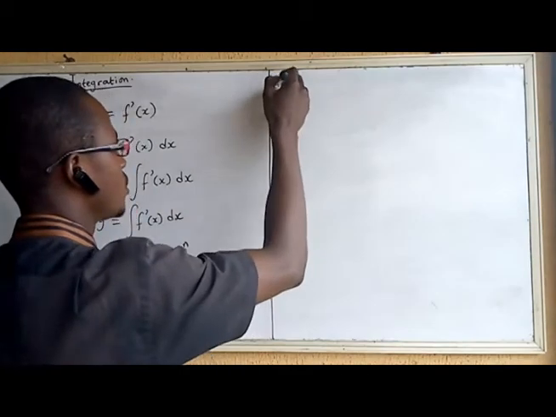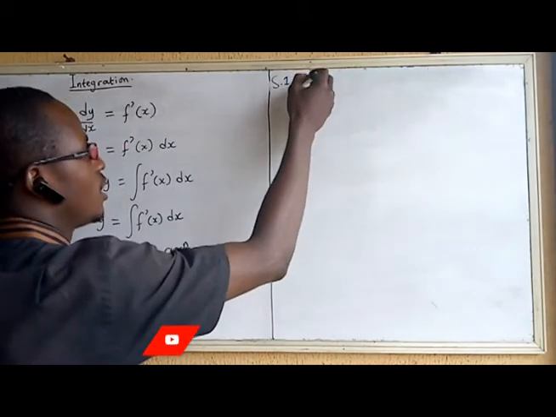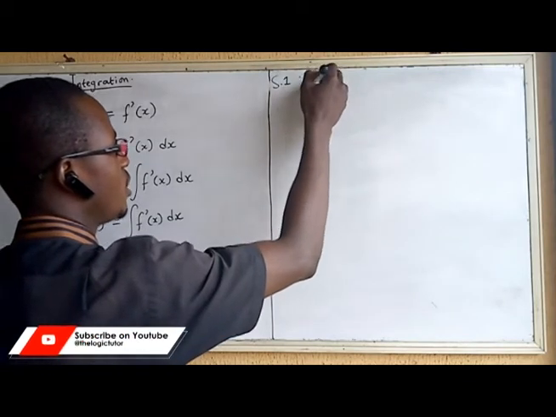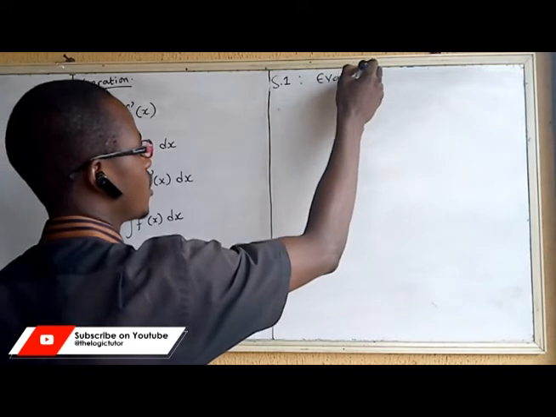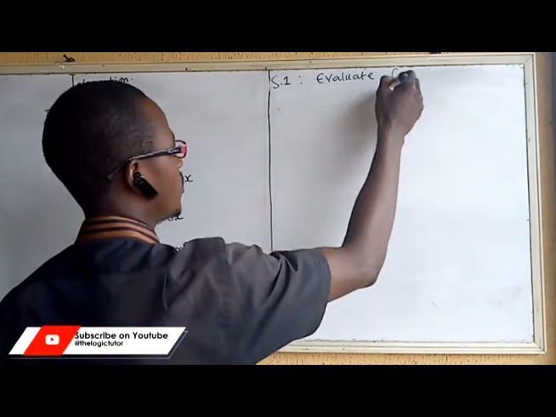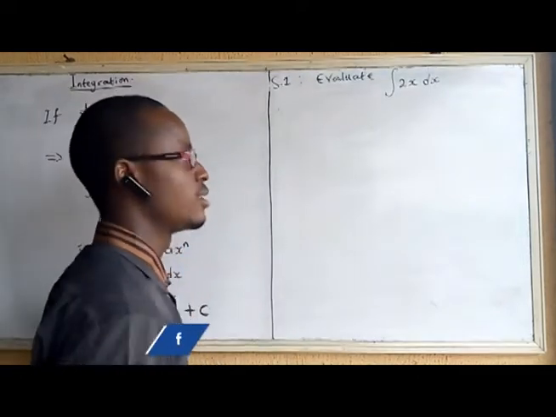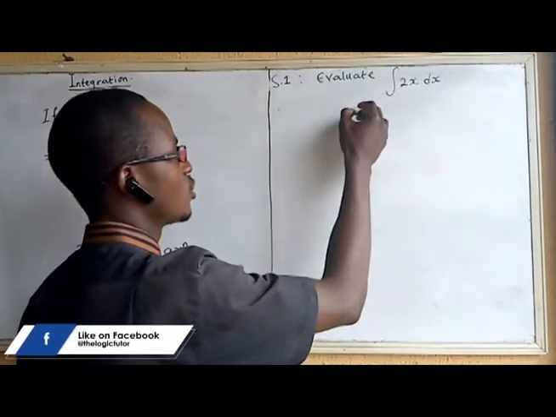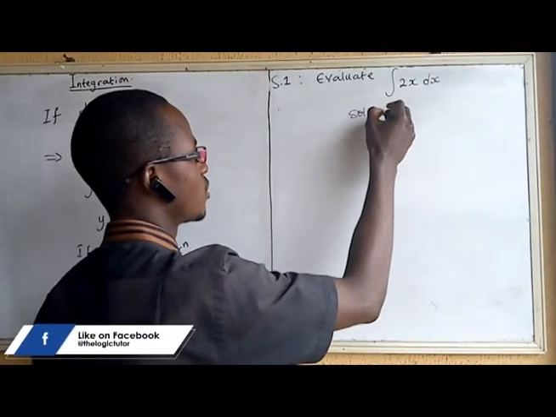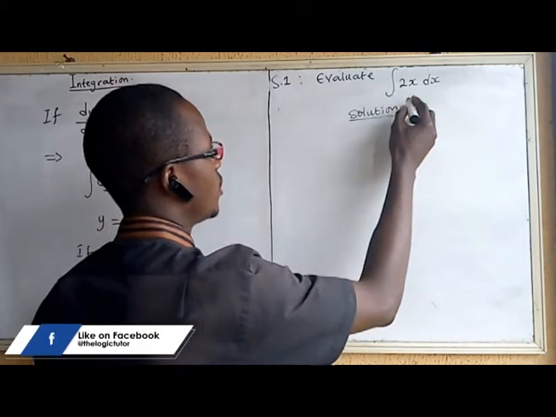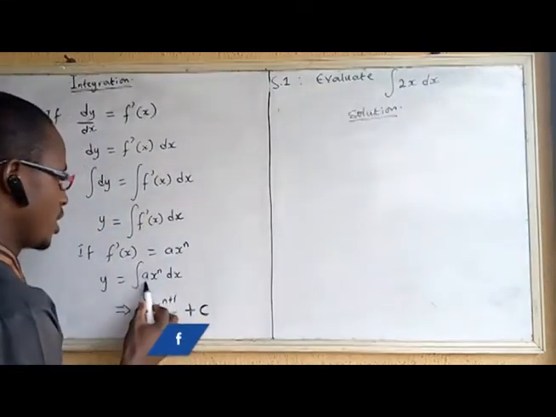An example of this: we are asked to evaluate the integral of 2x dx. This is a very simple integral. The 2 here is serving as our a.